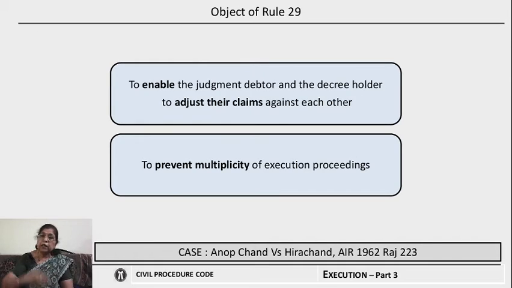So, if there are different claims or some claims which may come up later, after the execution proceedings have been executed, then it may create a situation where there is multiplicity of execution proceedings against each other. So, to stop this, the object is that the judgment debtor and the decree holder should be able to adjust their claims against each other.